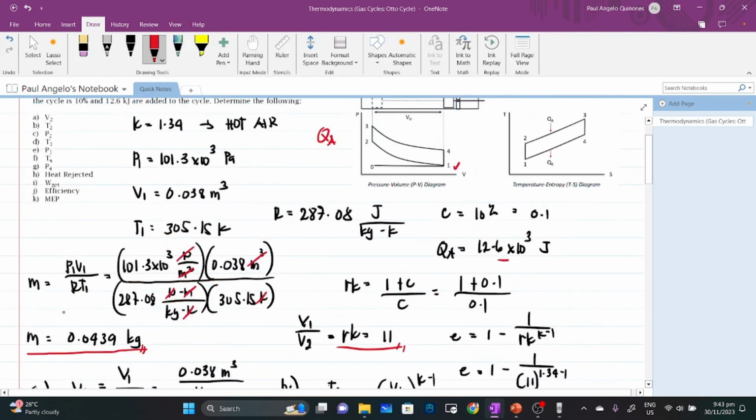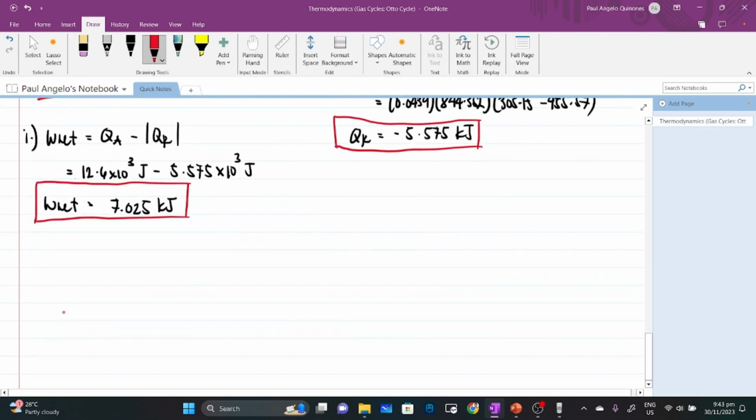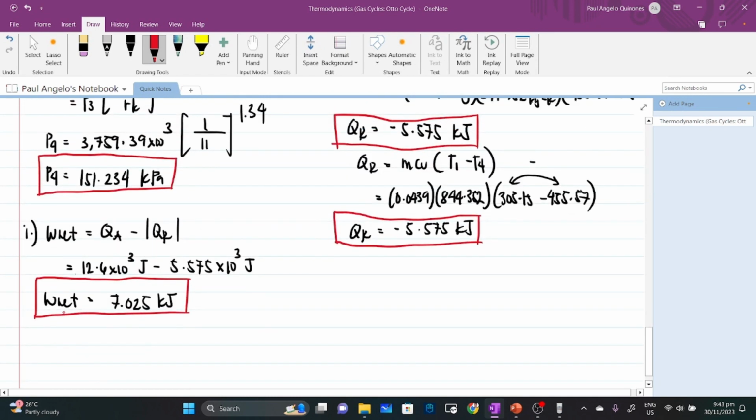Okay, next, now that we have the work net, let's verify the efficiency, that is letter J. Using the conventional equation for efficiency, efficiency is work net over QA. Work net is 7.025 kilojoule over 12.6 kilojoules.